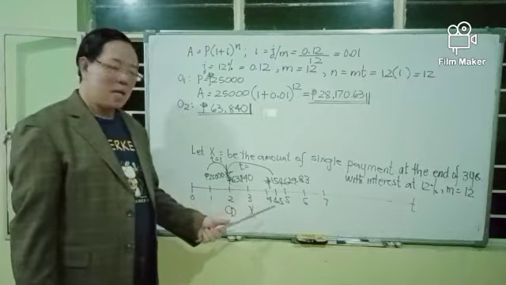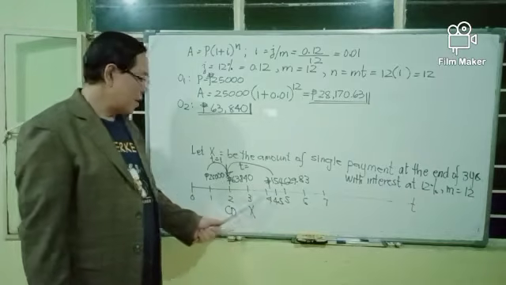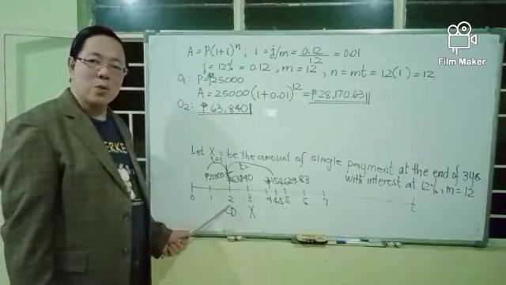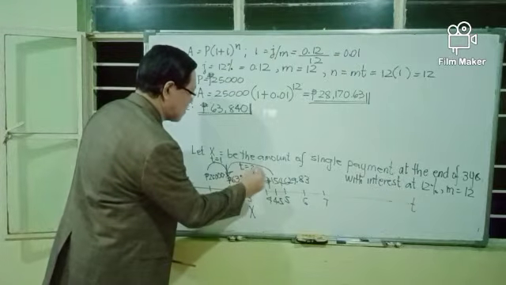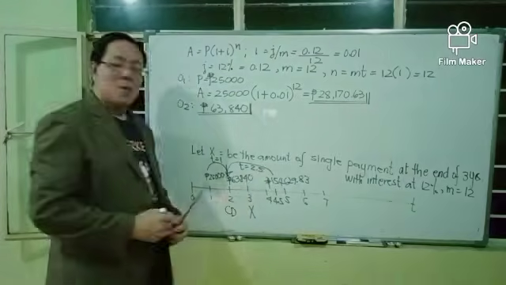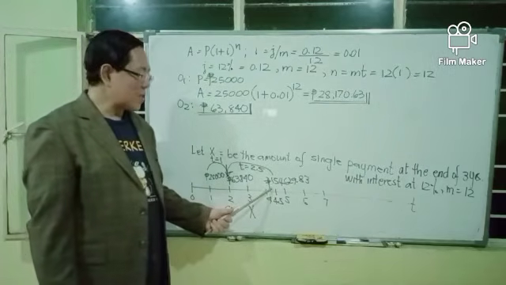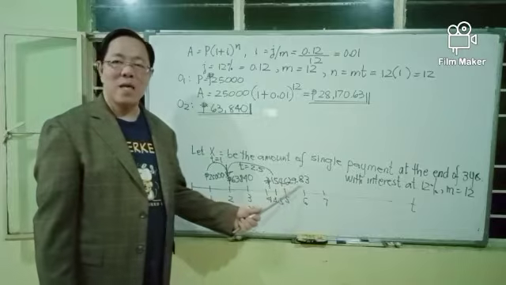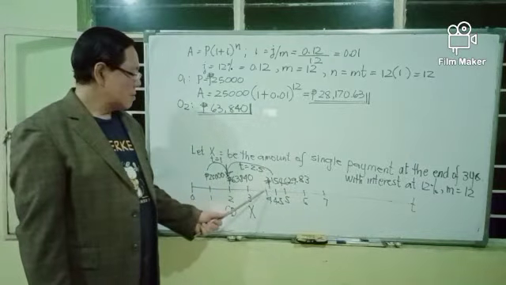And the time elapsed from 2 to 4.5 years is 4.5 minus 2, which is 2.5 years. Which means that we have to discount 154,629.83 pesos for 2.5 years.